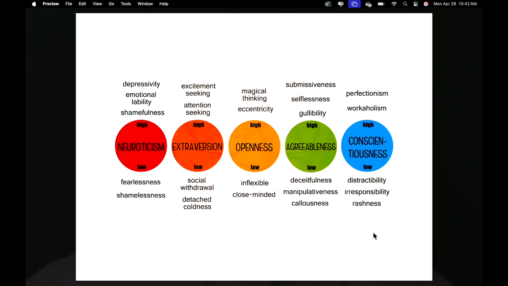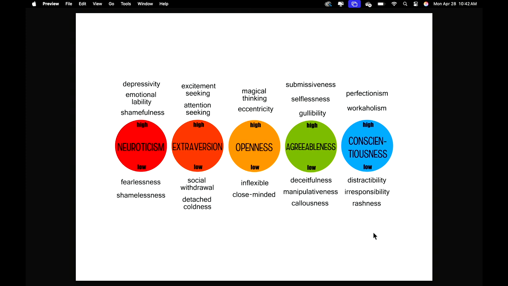So here we have this chart. You look at neuroticism, extroversion, openness, agreeableness, conscientiousness, and each one of these high and low. And you yourselves all scored taking this test. Now, let's take extroversion. We can see all the normal levels of extroversion lie within the circle, high to low.